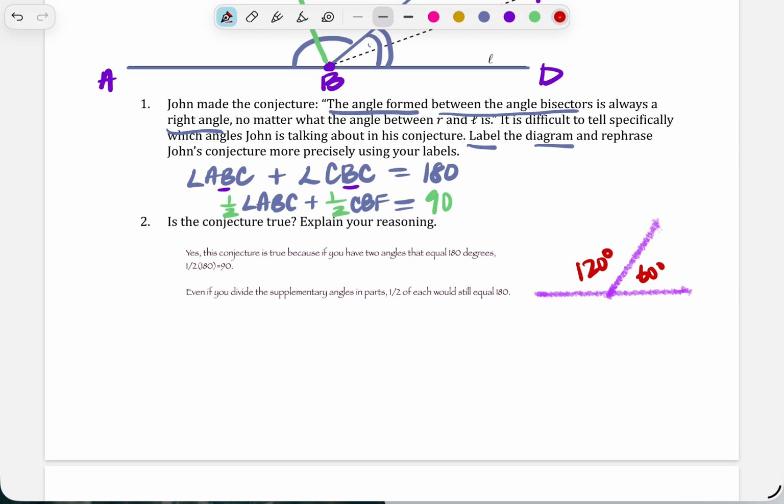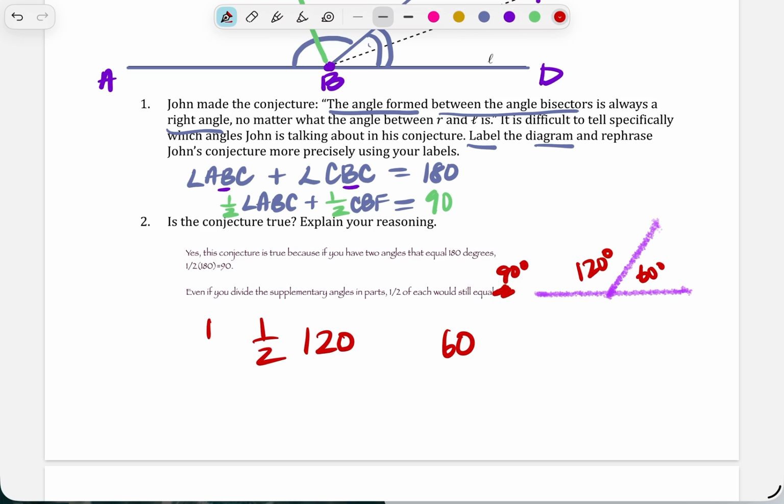And let's test out what our explanation is. If we take half, even if you divide the supplementary angles in parts, two supplementary angles are 120 and 60, which add to 180, and half of that should be 90 degrees.